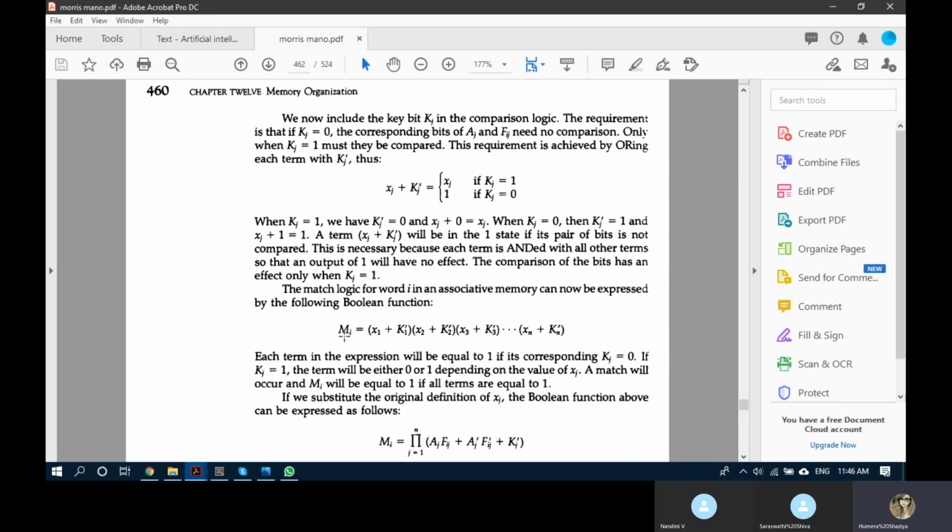So if you want to set the match position to be 1, what should happen? x1, x2, x3 and xn should all be equal to 1. When all are matching, and K1, K2 and so on are equal to 0, you make them 1 by using NOT. If you have any doubt, you can stop me and ask.